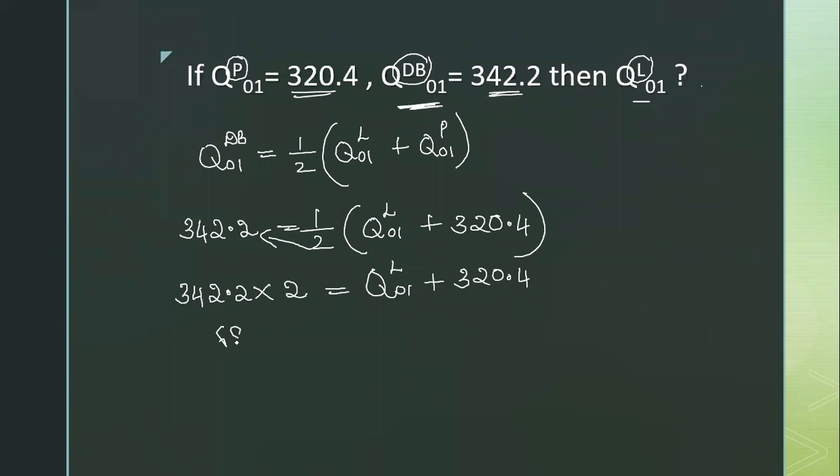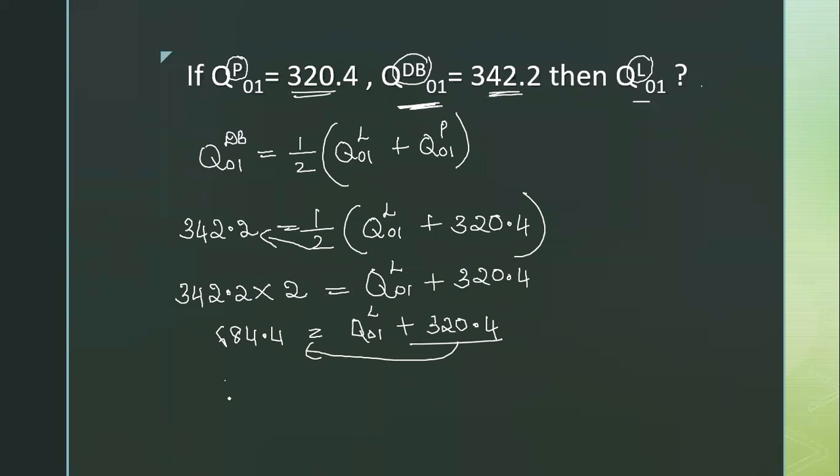You are getting 684.4, which is equal to the quantity of the base and current year under Laspeyres plus 320.4. Now bring this plus 320.4 to the opposite side.